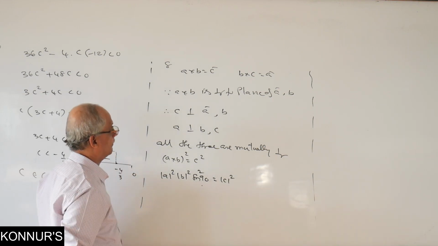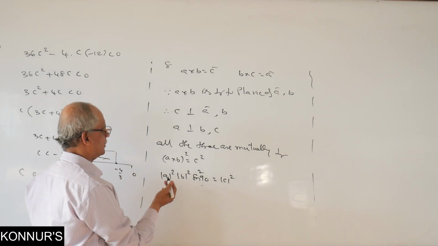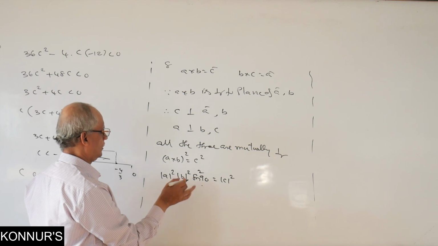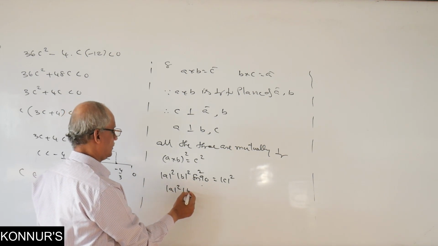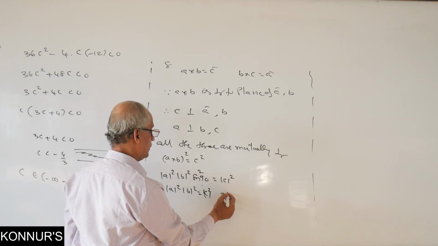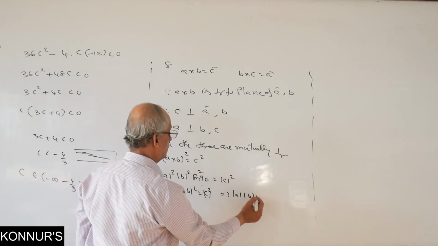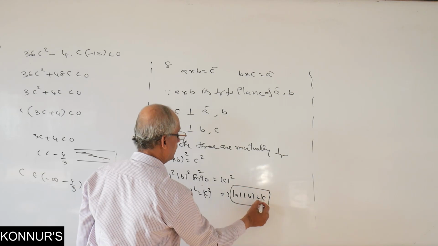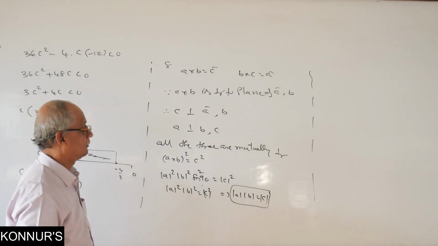This is 1. Square also not necessary. A² B² equals C² implies AB equals C, meaning A and B is equal to C. One relation is enough. We have got AB equal to C.